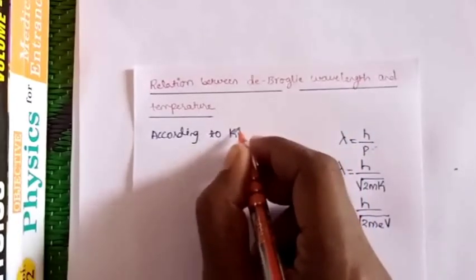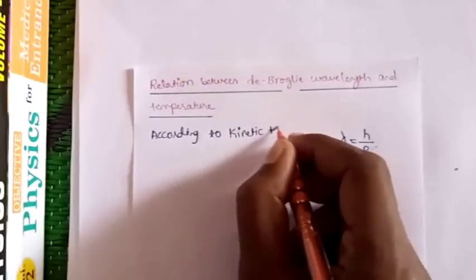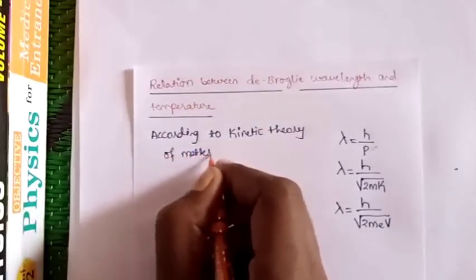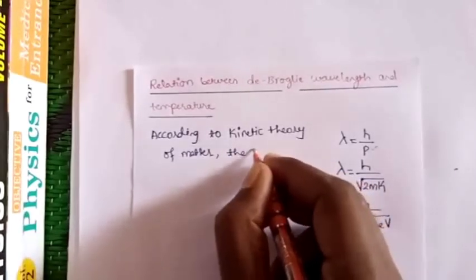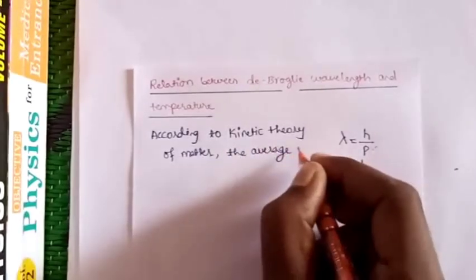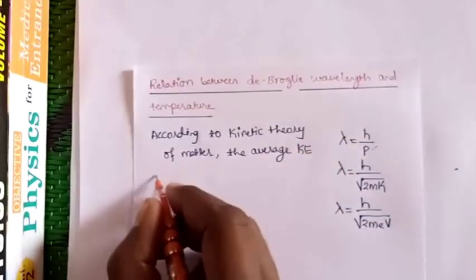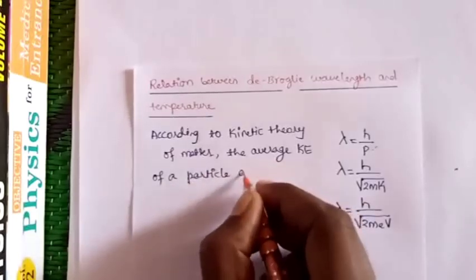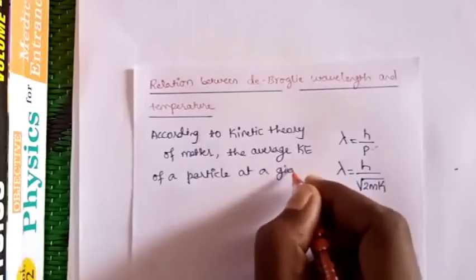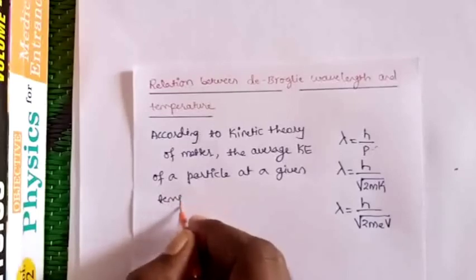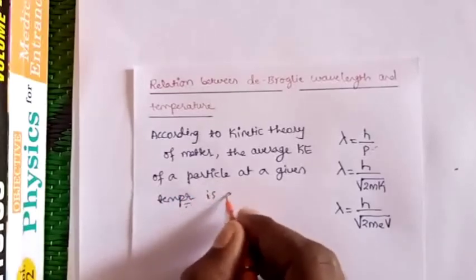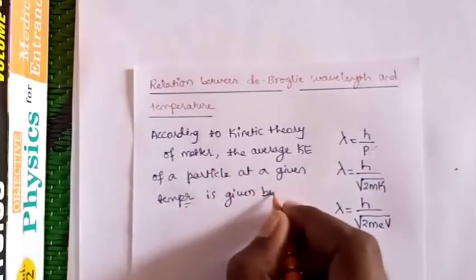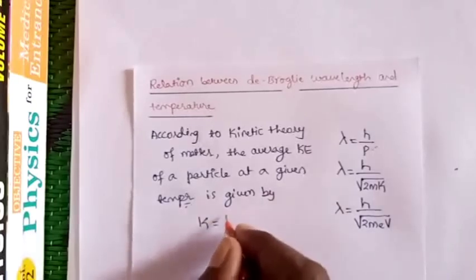According to kinetic theory of matter, the average kinetic energy of a particle at a given temperature is given by... so what is the average kinetic energy of the particle according to kinetic theory? That is K is equal to 3 by 2 kT.